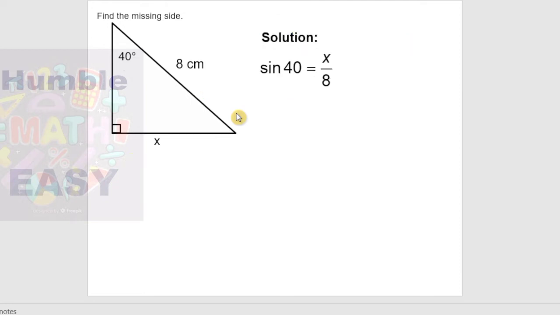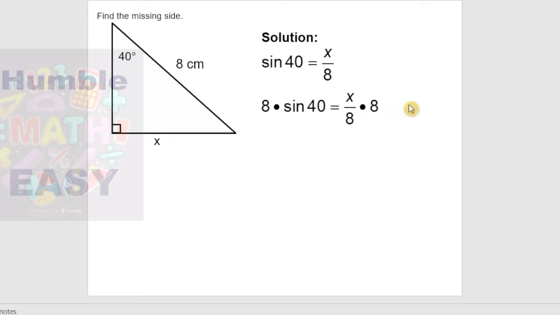And now to solve further, we have sine 40 is equal to x, the opposite side, over the hypotenuse side, which is 8. So we have sine 40 is equal to x over 8. Then we're going to multiply both sides by 8 to be able to get the value of x. So we now have 8 times sine 40 is equal to x over 8 times 8.